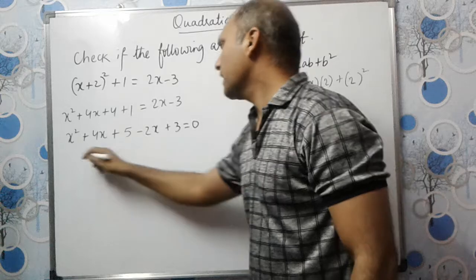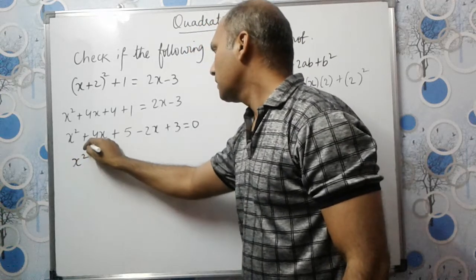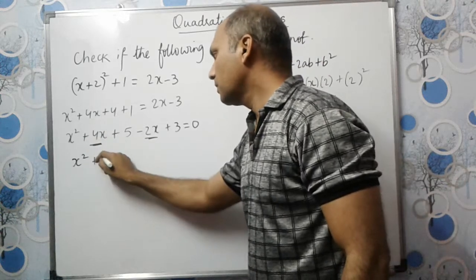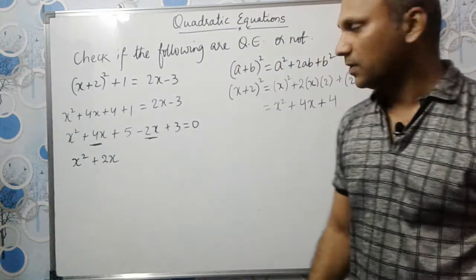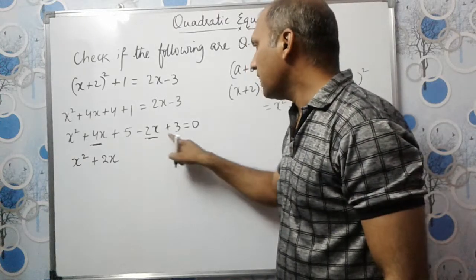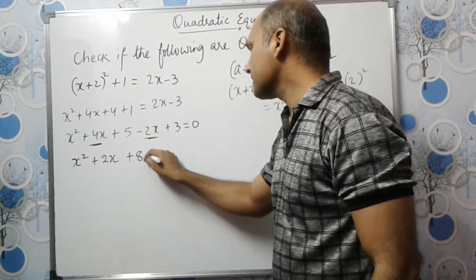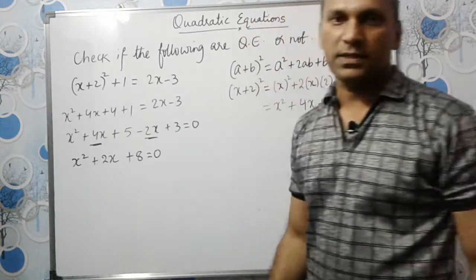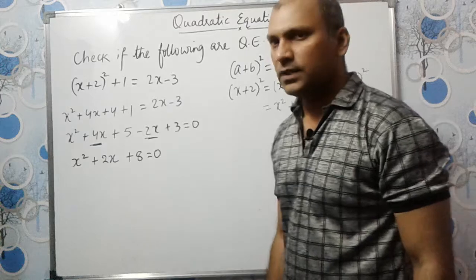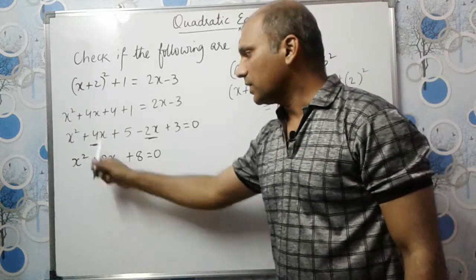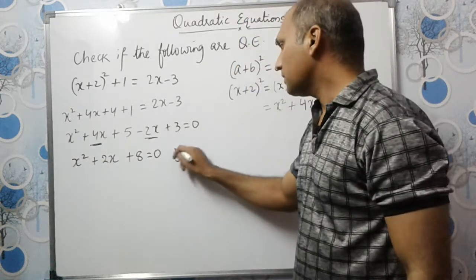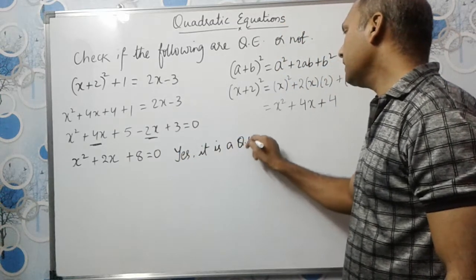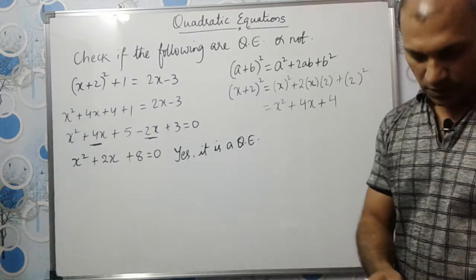Now we have only one x square, then 4x minus 2x is 2x, and 5 plus 3 is plus 8. So after simplification we got x square plus 2x plus 8 is equal to 0. Is it quadratic? Yes, power is 2. So yes, it is a quadratic equation.